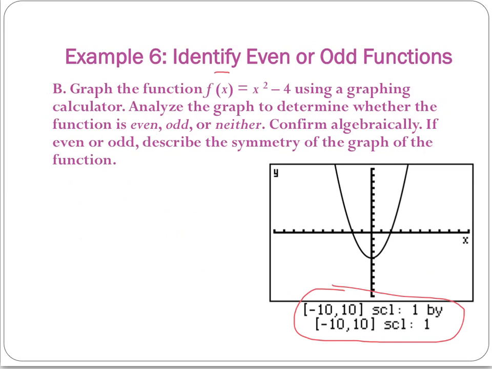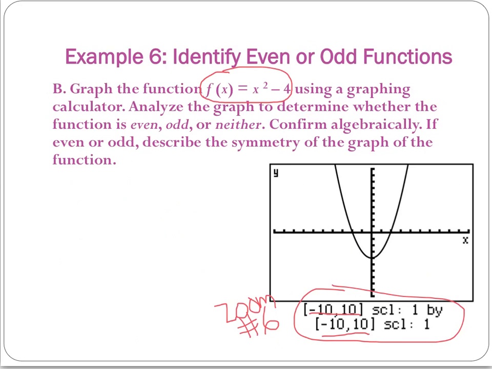If you were to type this function f of x into y1 on your calculator, and then go to zoom and hit option 6, a ZStandard window, it's going to give you a standard window from negative 10 to 10 on the x-axis and negative 10 to 10 on the y-axis. We're going to analyze the graph to determine whether the function is even, odd, or neither. Confirm algebraically, and if it's even or odd, describe the symmetry of the graph of the function.